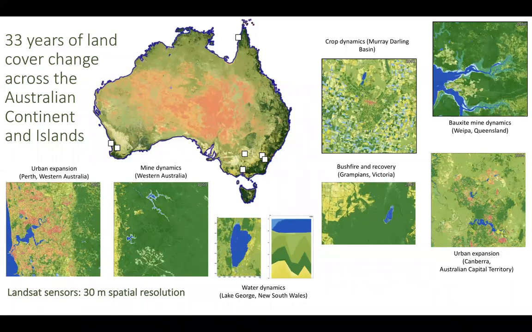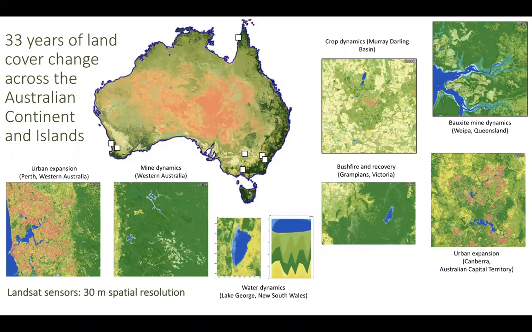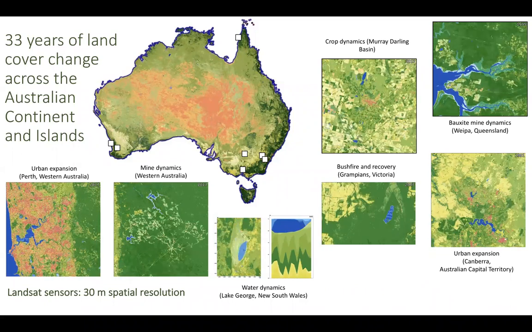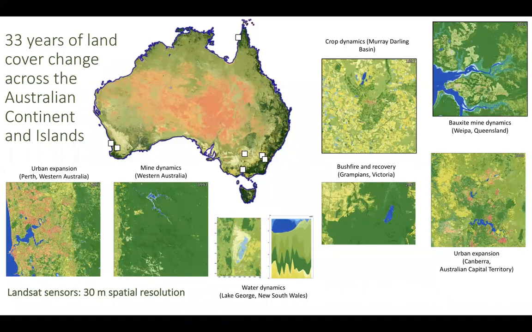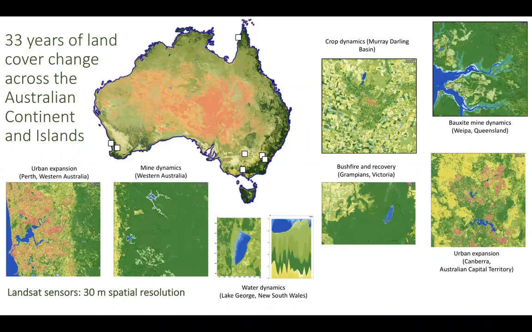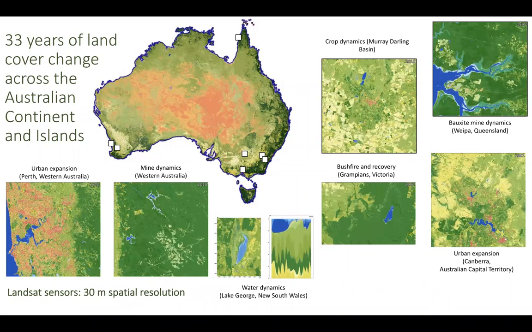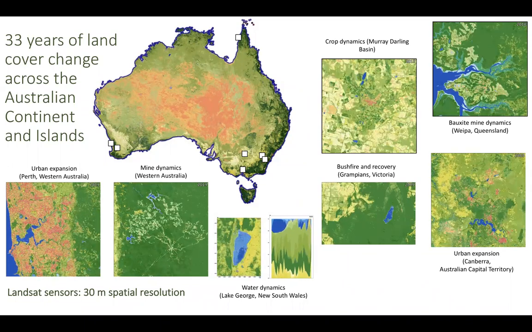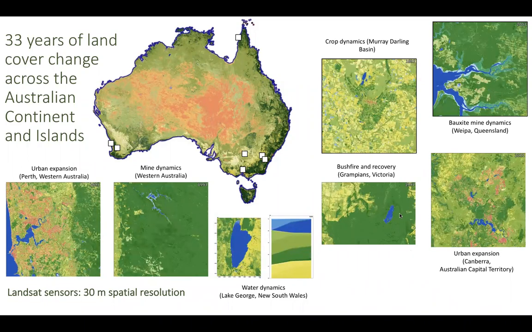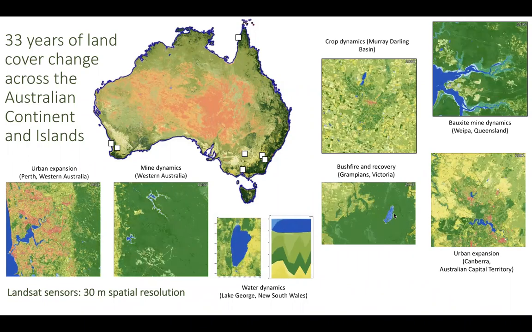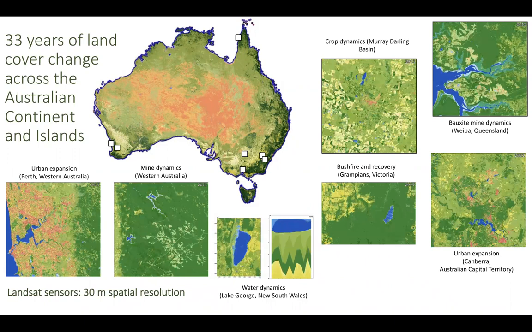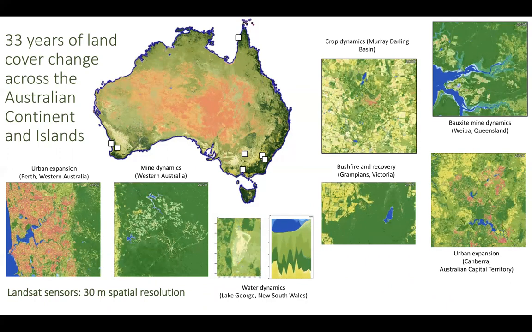What's really exciting about this is this has gone through the Australian data cube, through Digital Earth Australia and through Geoscience Australia, and we've applied it nationally at 25-meter resolution using the Landsat archive. And what you can see here, and this is particularly interesting, is you can actually see in the Grampians in Victoria, the bushfire coming in, and then it recovers.